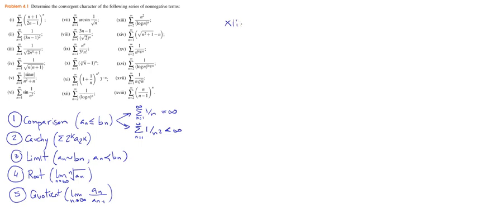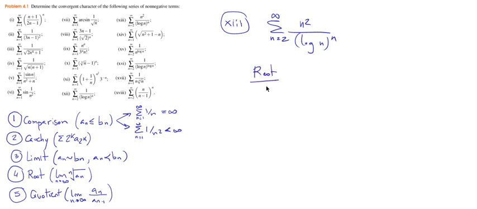13. The sum from n equals 2 to infinity of n squared over the logarithm of n to the n. Again, this looks like something you would use the root test for.